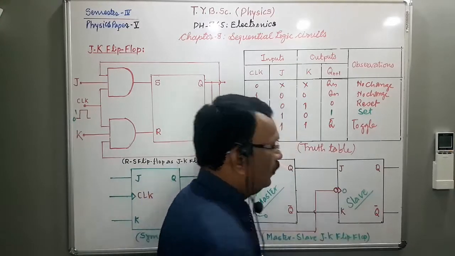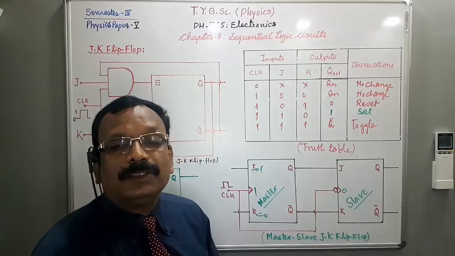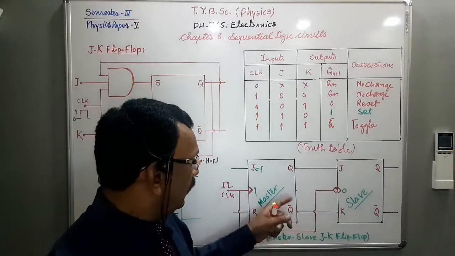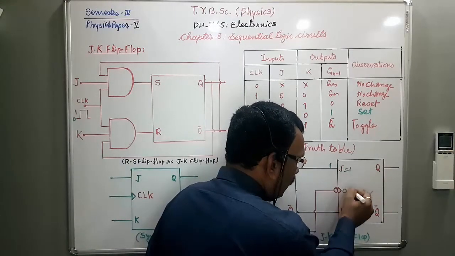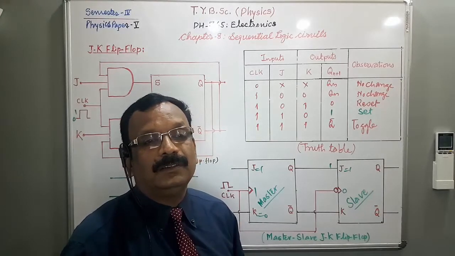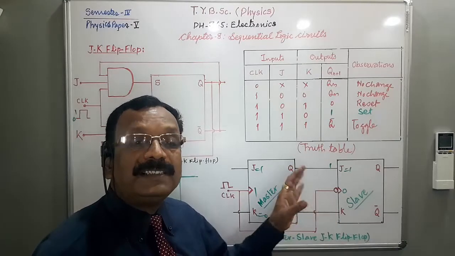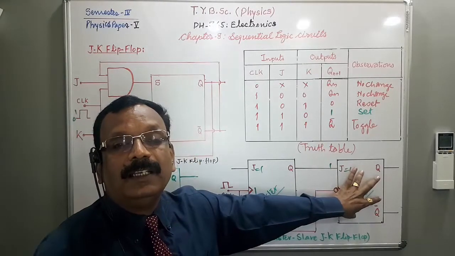So here, 0, positive and negative clock. So the input to the slave will be 1 and 0, and therefore it will set on the negative clock edge.